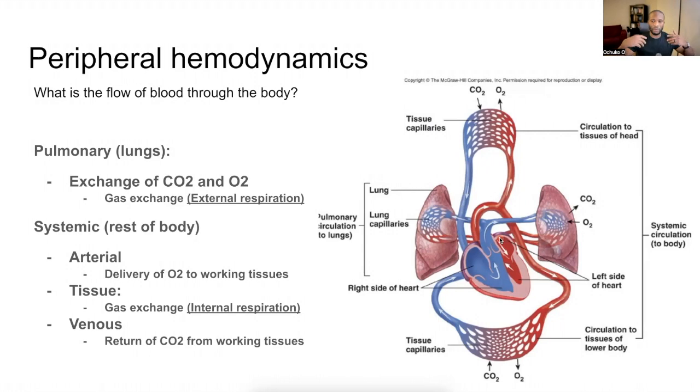The air that we're breathing in contains oxygen. That is going to replace the carbon dioxide and go into our red blood cells, which then go back into the heart. And then the heart is able to push that out to the rest of the body. That's where we get our systemic circulation. So that process of gas exchange occurring at the level of the lungs is called external respiration.